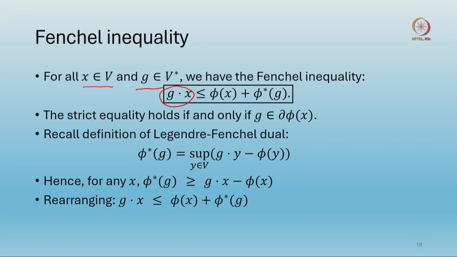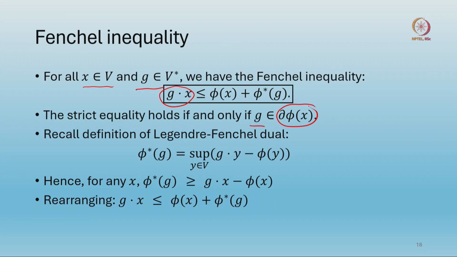That we will see, but there is an equality associated with it that is most interesting. That means, when is this strict equality, Gx equals phi x plus phi star G, when is it valid? It is only valid when and only when this G stress is a subdifferential of phi.